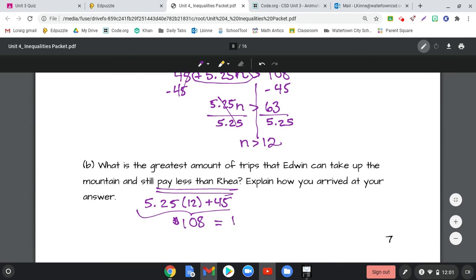That would be equal to Rhea. It says, what's the greatest amount of trips he can take up the mountain and pay less than her? Well, it's going to have to be 11 trips to pay less than Rhea.